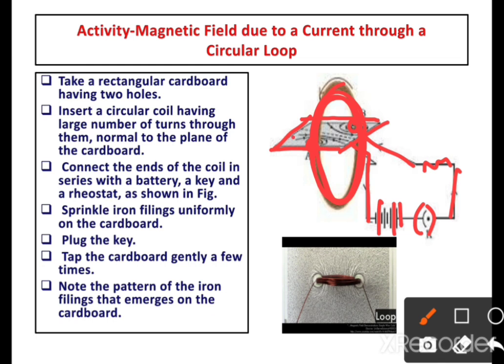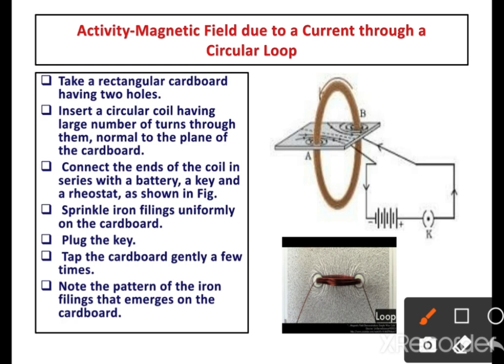Then you have to sprinkle some iron filings near the circular coil. Plug the key. You have to tap the cardboard gently for a few minutes. Note down the pattern of the iron filings that emerges on the cardboard.